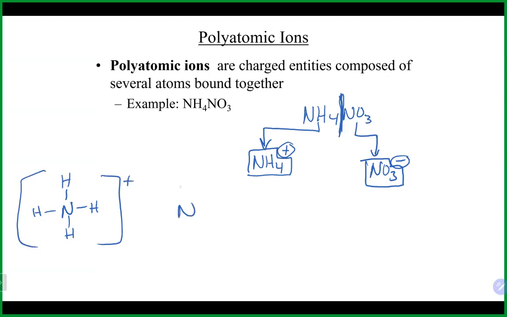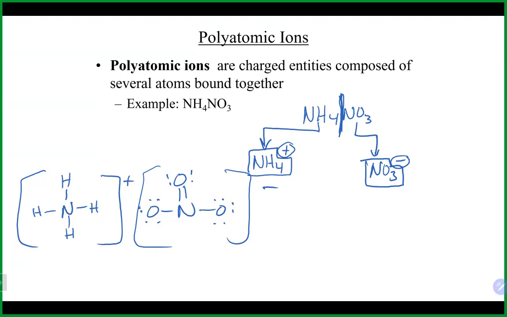And our NO3 minus was our guy with some double bond action happening there. So it really is these 2 ions coming together. So they are kind of weird things, as they do share electrons, but they do have an overall charge. So they are treated like ions.